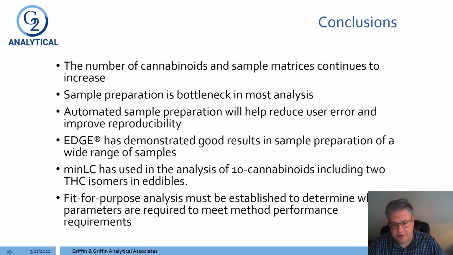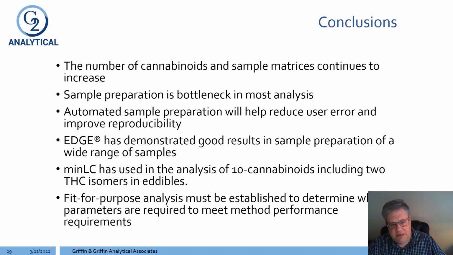All right, sample prep's always a bottleneck. Automated sample prep is always a good thing because you can automate it to reduce the errors from users. And ideally, it improves reproducibility because robots are better than humans at that. Edge has demonstrated its ability to do a wide range of sample prep, from the easy flower stuff that we did to the more complex gummy samples.